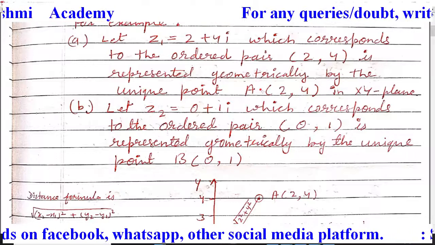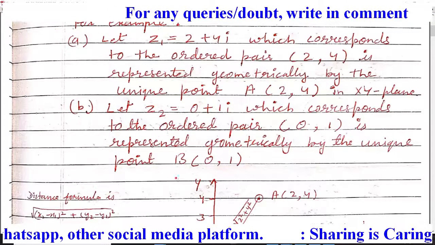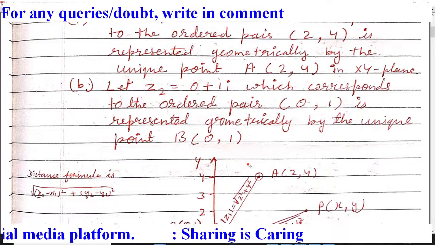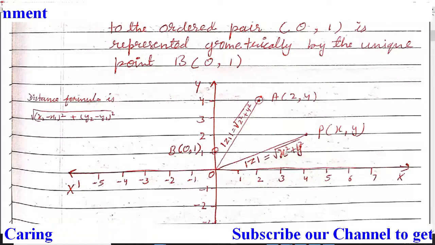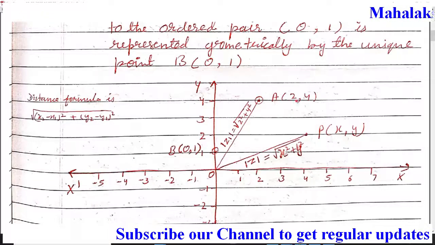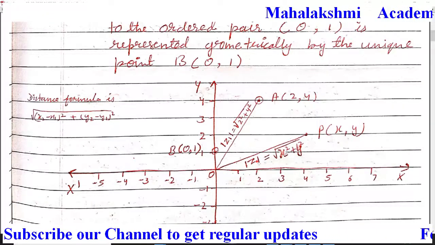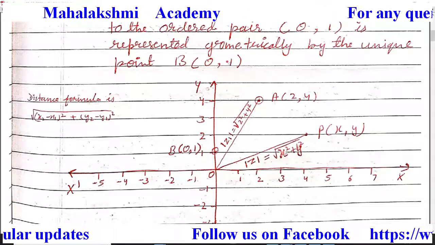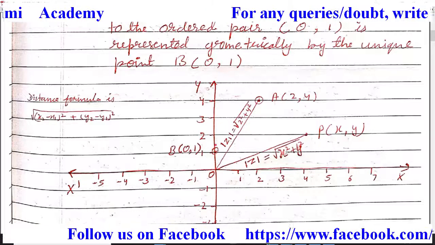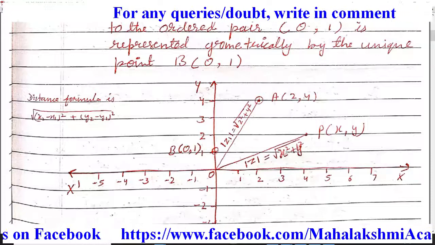The first point is 2 comma 4 and the second point is 0 comma 1. So the graph has A(2, 4): x is 2 and y is 4. And the second point B is 0 comma 1, so x is 0 and y is 1. So B lies on the y-axis.